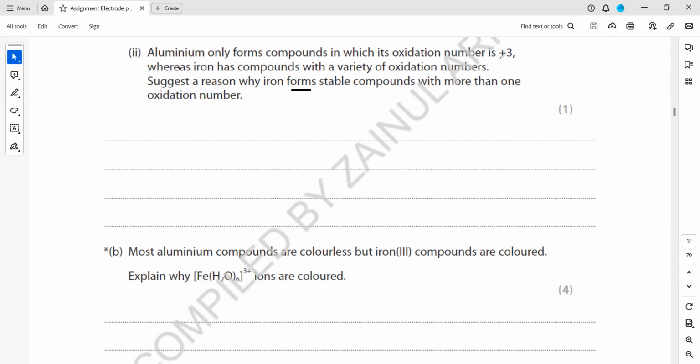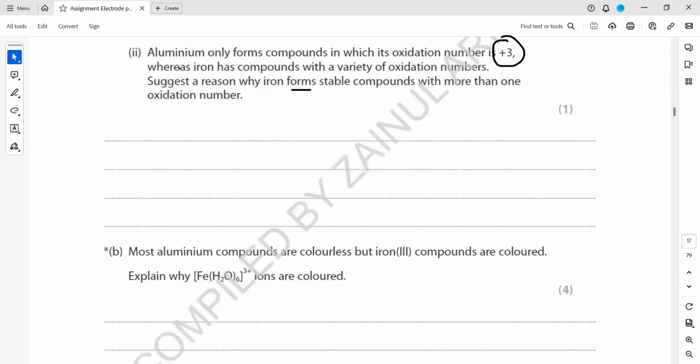So why does it form oxidation number +3? Aluminium is only forming compounds in which oxidation number is +3, and iron is forming a variety of oxidation numbers. Suggest a reason why it forms a stable compound with more than one oxidation number.